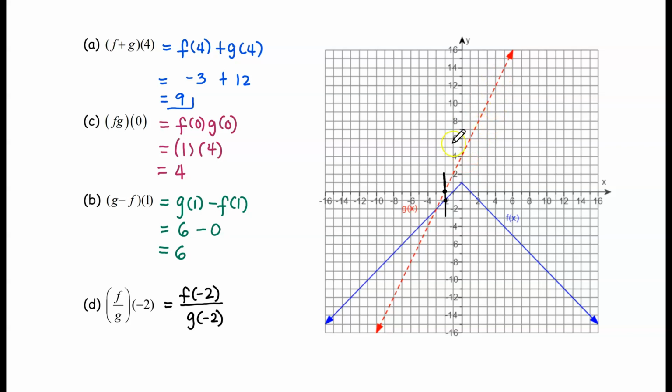So on the red, that is your g. So g at negative 2 is equal to 0. The y value is 0. Now f at negative 2 is equal to negative 1. Now if you have a constant over 0, that means it is undefined. Or you say does not exist.